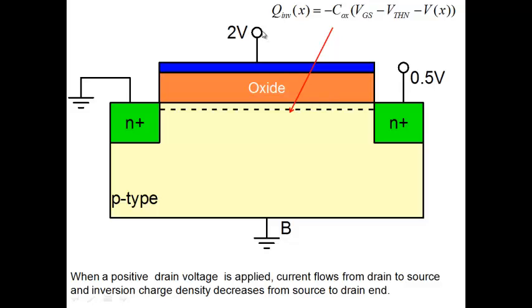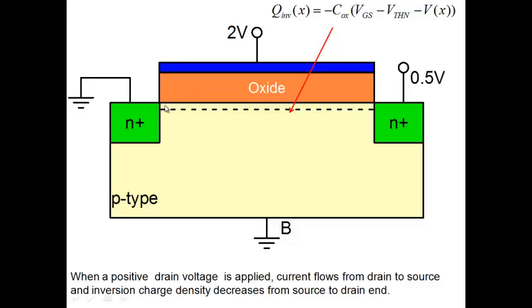So the effective voltage used to create the inversion charge is now VGS minus VTHN minus Vx, where Vx is whatever the voltage in the channel is at any point. So what this tells us is that the inversion charge would be highest close to the source, where Vx is 0, and will be minimum close to the drain, where Vx is highest.